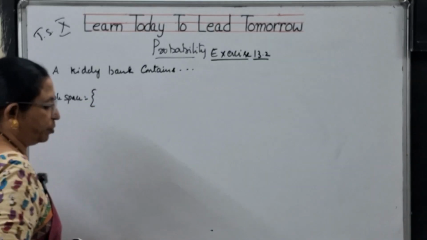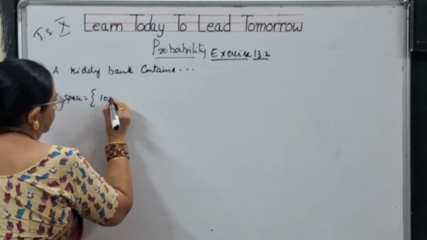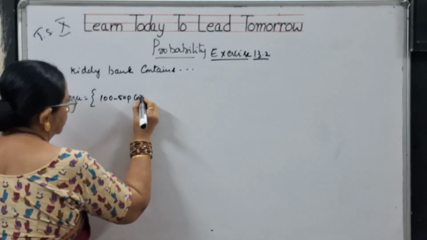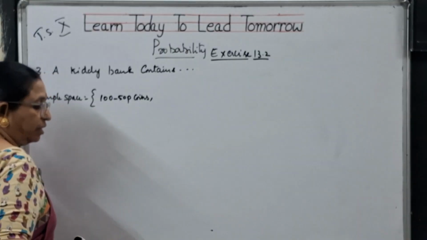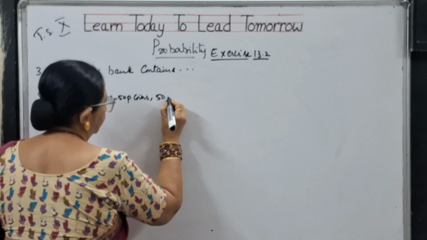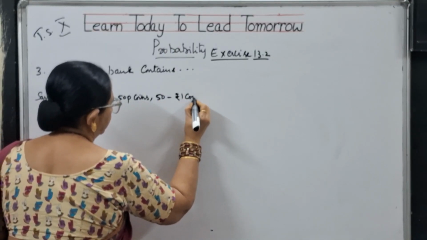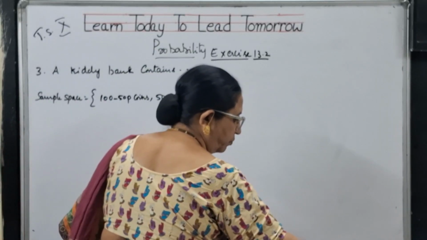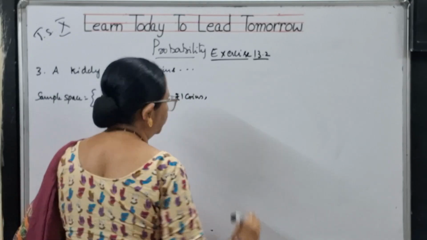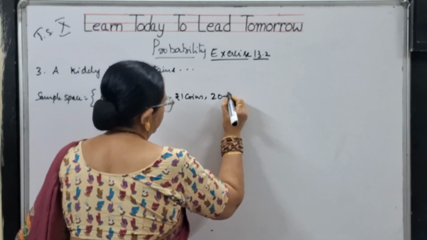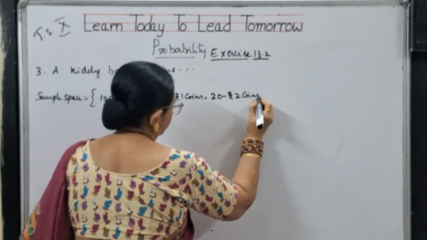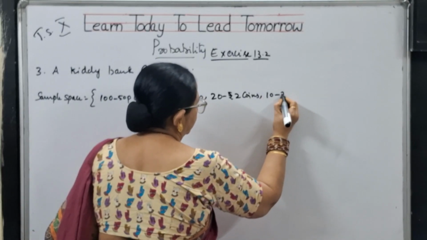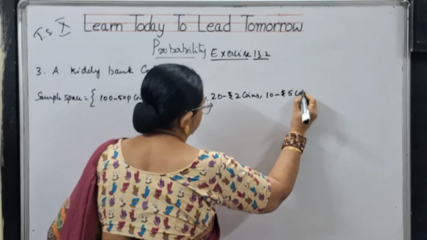That is sample space. 100 50 paisa coins, 50 1 rupee coins, 20 2 rupees coins, and it is having 10 5 rupees coins.